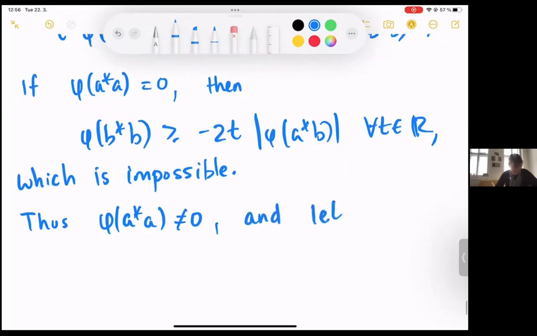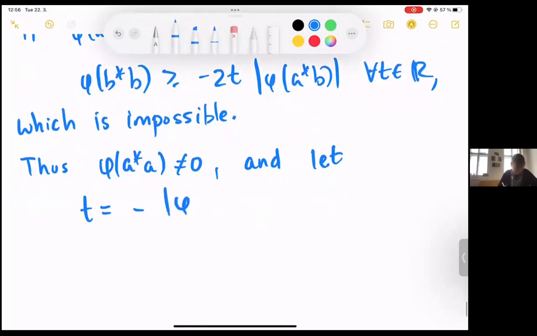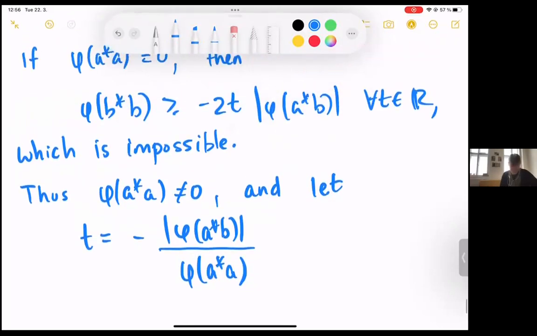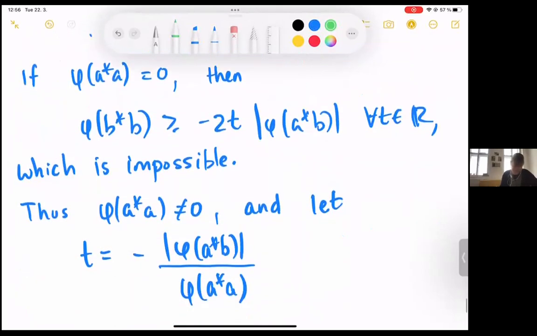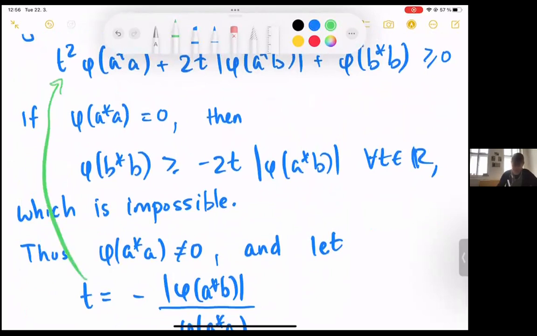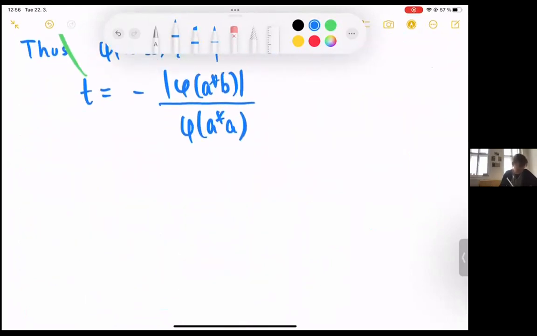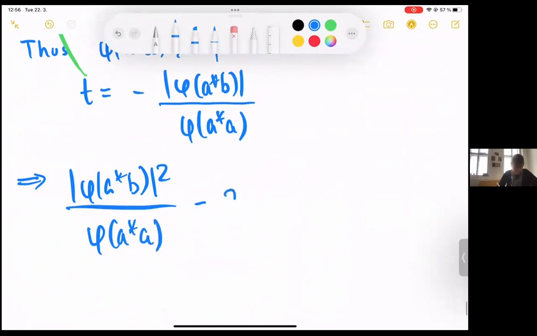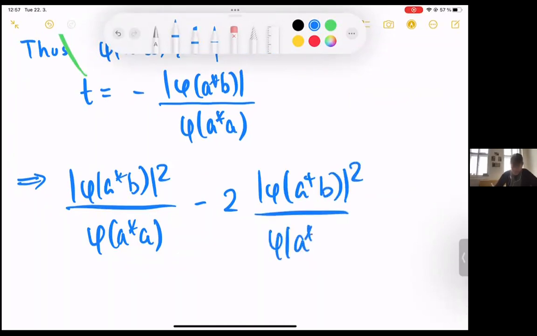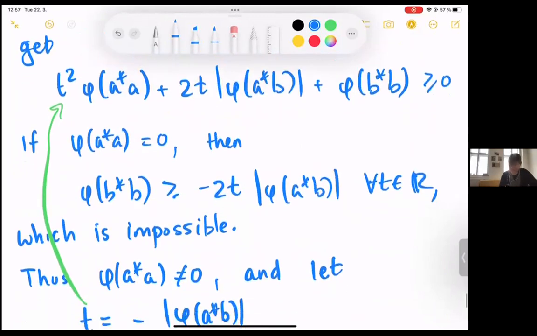And we can let T be minus the absolute value of phi of A star B divided by phi of A star A. And again, plugging T in here now, we get that the absolute value of phi of A star B squared over phi of A star A, minus 2 times phi of A star B squared over phi of A star A, plus phi of B star B. So this is all greater than or equal to 0.